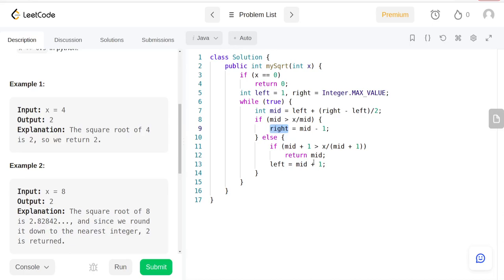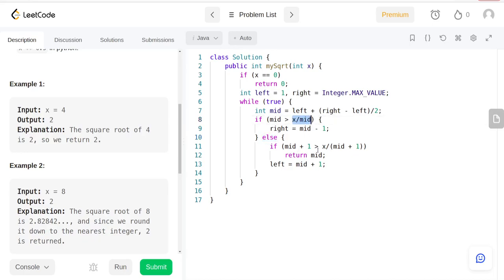Otherwise, we want to check two things. If we are in this else, we already know that our mid is less than x divided by mid.